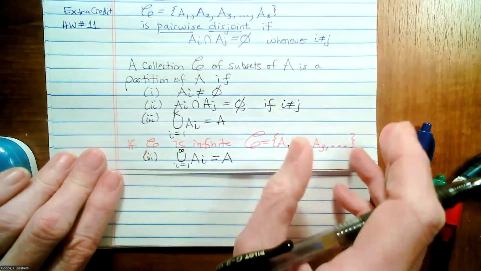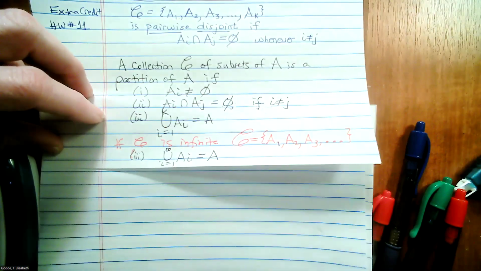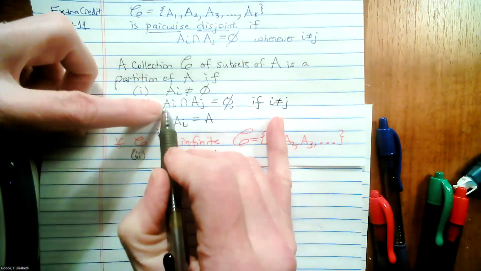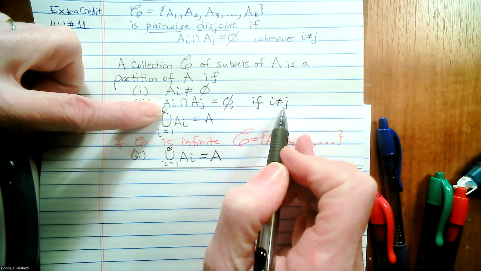But pairwise disjointness is a little tricky, so we should make sure you understand it. It just means if you take any two of them, Ai and Aj, as long as they're not the same set, that's what i not equal to j means.